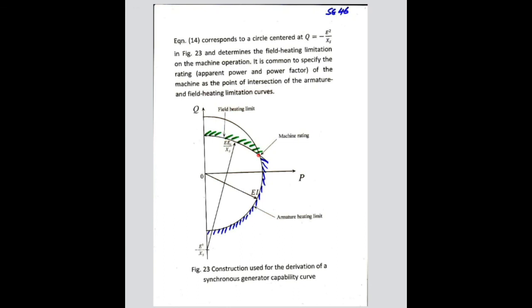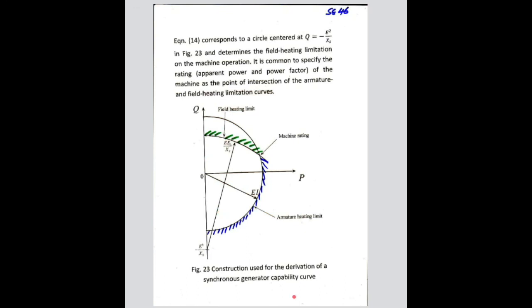All right. So this was the derivation of that curve that we have shown in this section, which is called the capability curve of the generator. Just take note that this derivation and this curve is for the power per phase, right? So E times I is the apparent power per phase, and all these variables are per phase also.